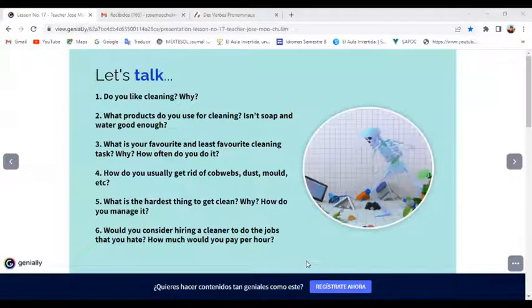Okay, some liquids to make your house smell fresh, right? Yes. Okay, excellent. So, and how often do you buy this product, Alejandro? Maybe once per month. Okay, once per month? Yeah. Okay, excellent.